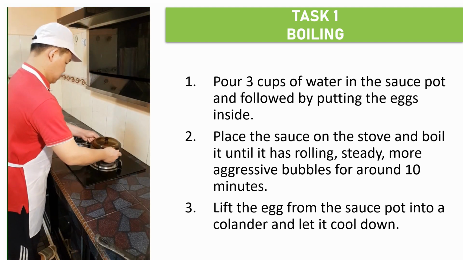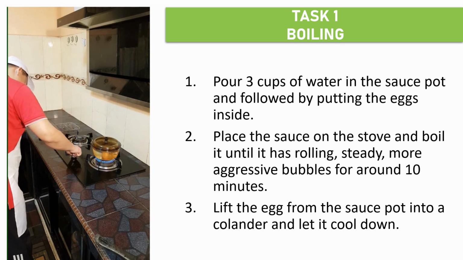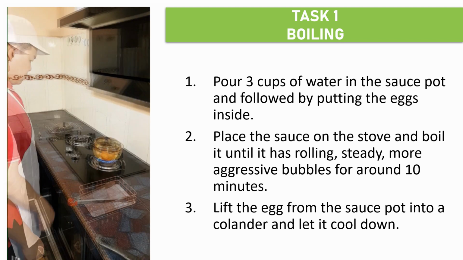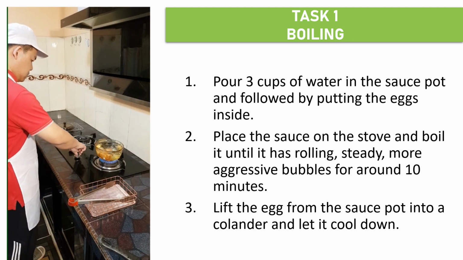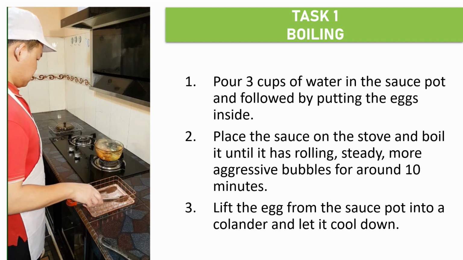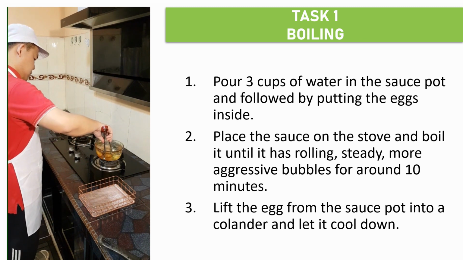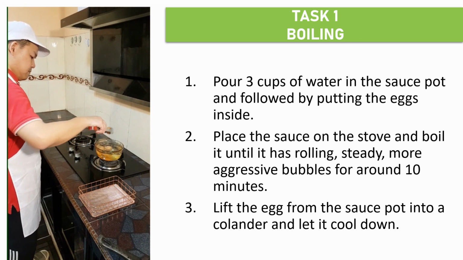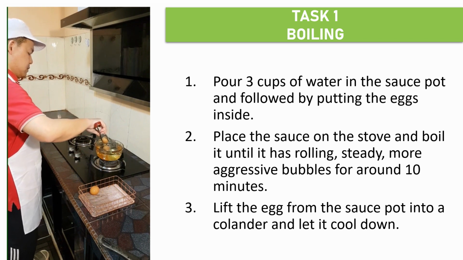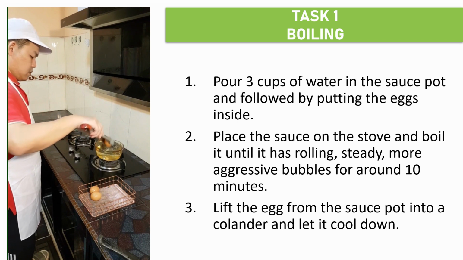Next, place the sauce pot on the stove and boil it until it has rolling, steady, more aggressive bubbles, maybe for around 10 minutes. After it's done, by using tongs, lift the eggs from the sauce pot into a colander and let them cool down. And it is done.